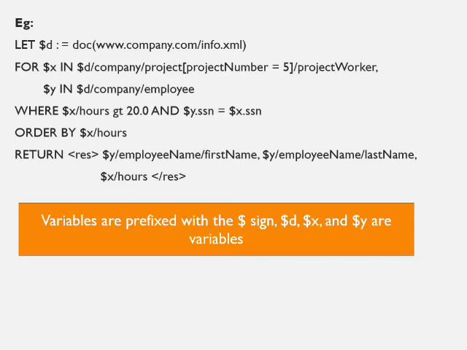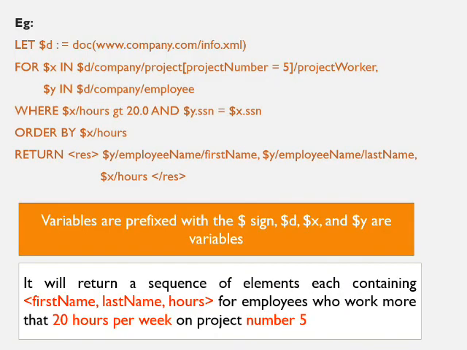Here we retrieve the first name, last name, and hours. The end result is a sequence of elements containing the first name, last name, and hours for employees who work more than 20 hours per week on project number 5.